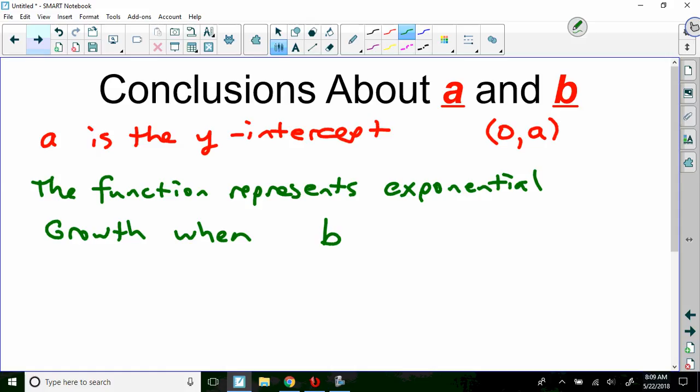Remember our crayon. Over 1. Awesome. Good job. When the B value is greater than 1. Good.